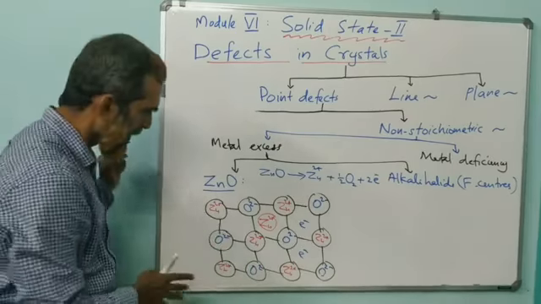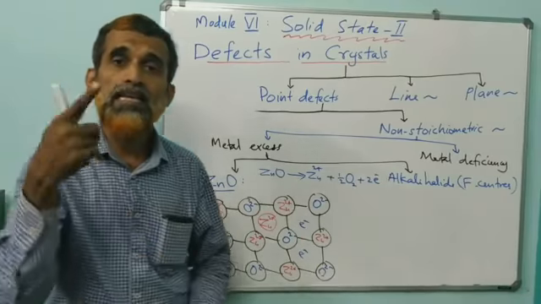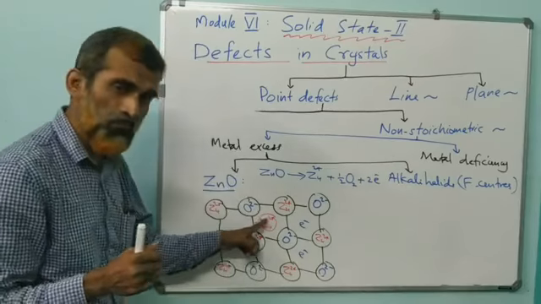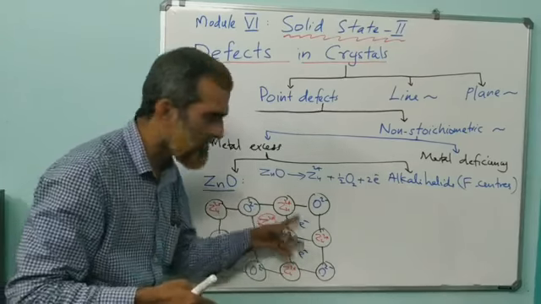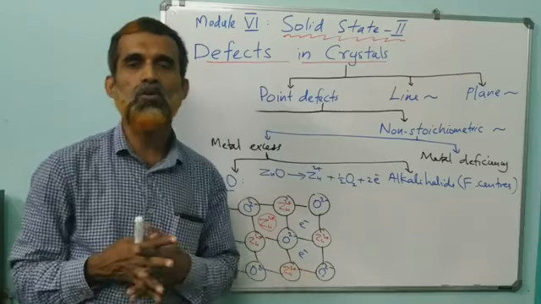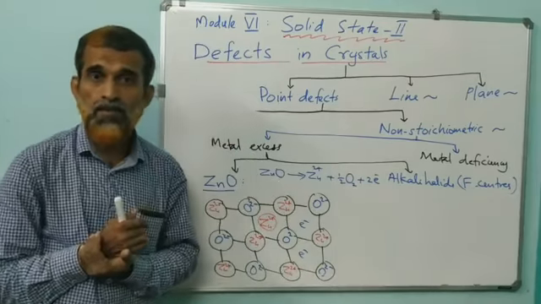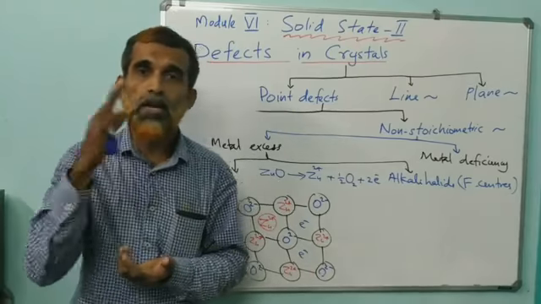So in short, there are excess cations in the lattice, and the interesting part is that for electrical neutrality, electrons are trapped in the neighborhood. These free electrons are responsible for the electrical conductivity and also the yellow color.